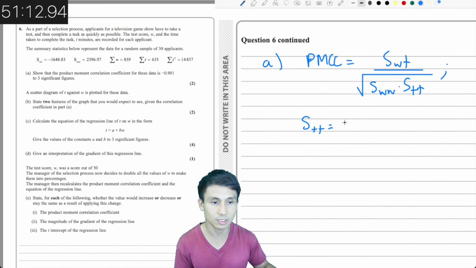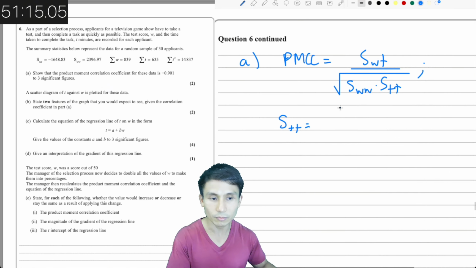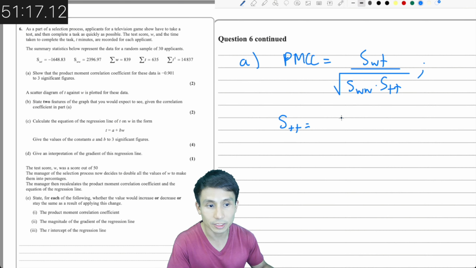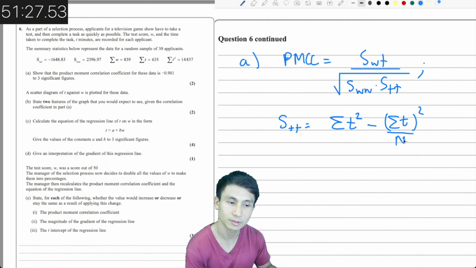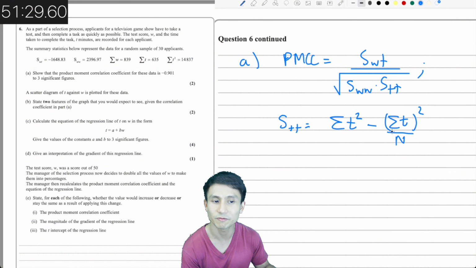So STT equals sigma t squared minus sigma t, all squared, over n. Basically, it's just the equation of variance multiplied by n, guys. You just take variance multiplied by n, you will get this.